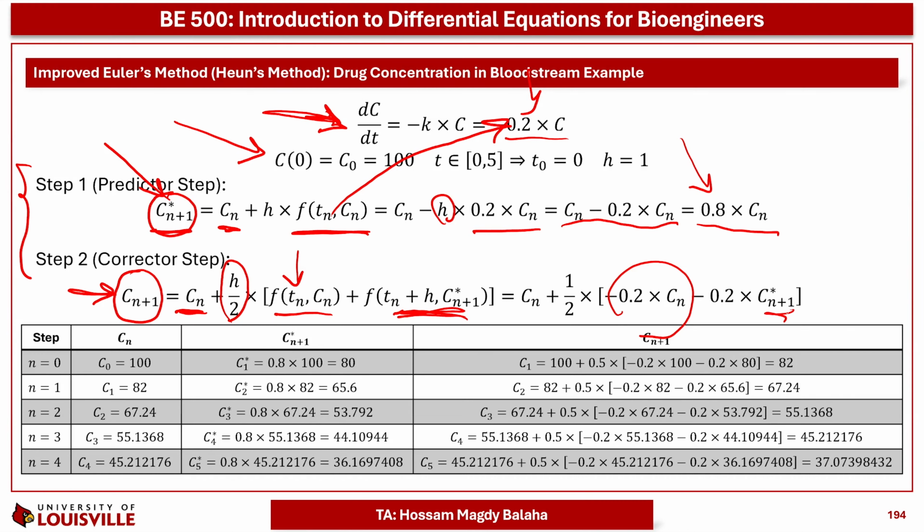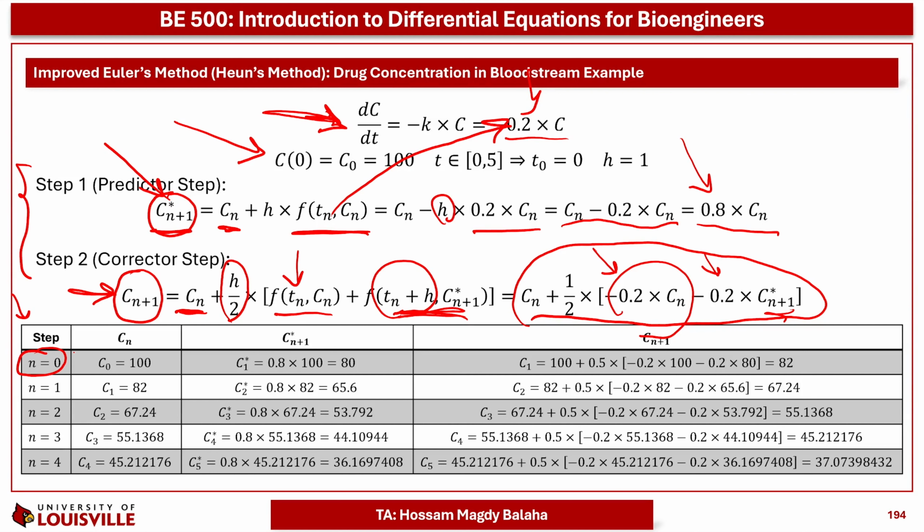And also if you have a term of t, we can substitute with the term instead of t. So the final equation for Cn plus 1 will be like that. Cn plus 1 over 2 or half, because h equals 1, multiplied by negative 0.2 Cn minus 0.2 Cn plus 1 star. To make it easy for our solution, we made this table.